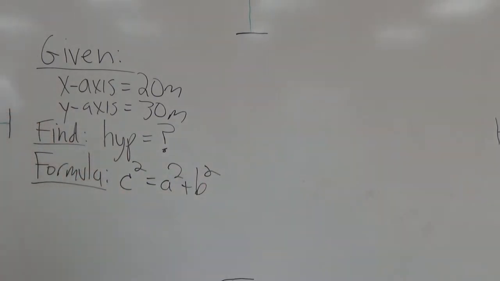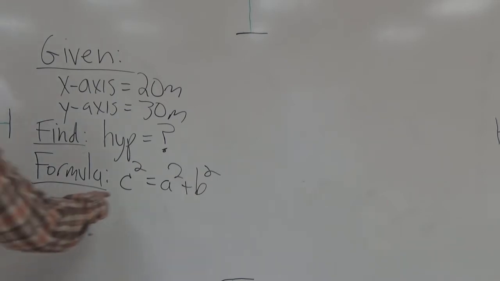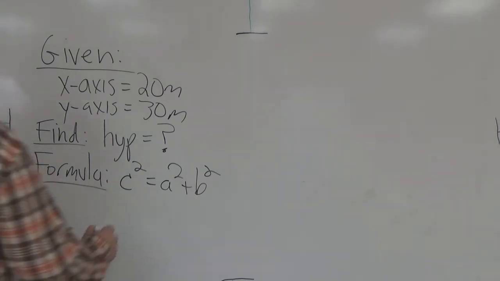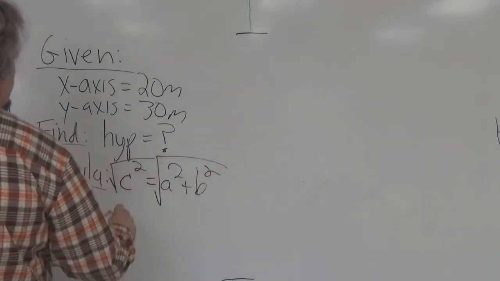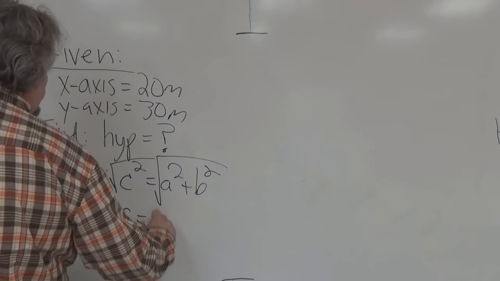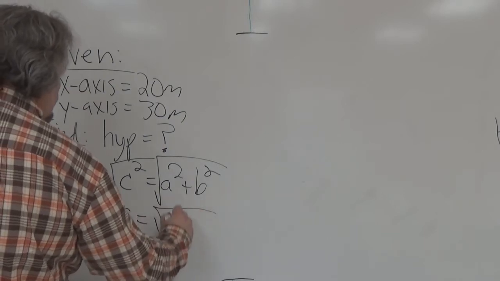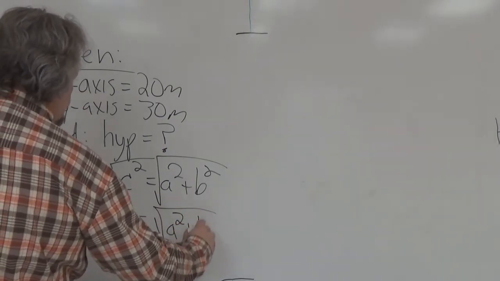And as I always tell you, I want you to isolate the variable so you don't mess up with your math and lose track of units or signs. So I want c as the hypotenuse. So I'm going to square root both sides. So it's going to be c equals the square root of a squared plus b squared.